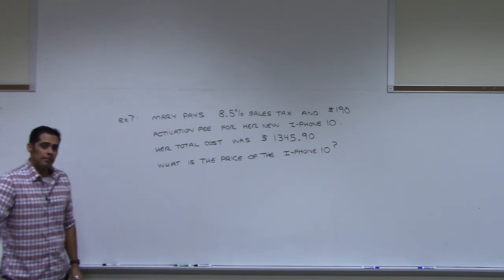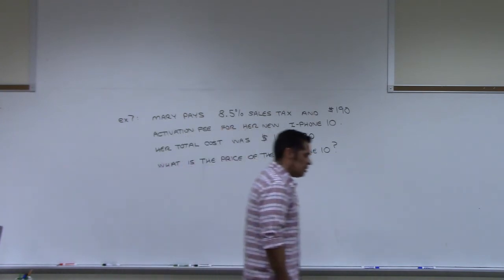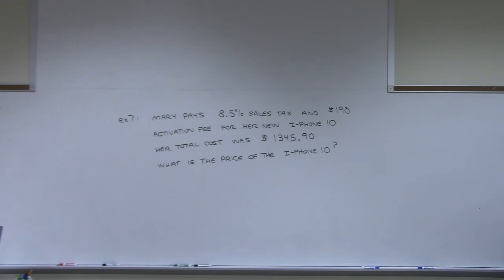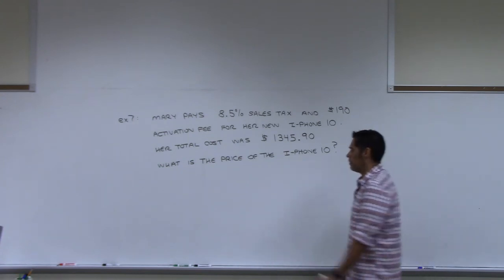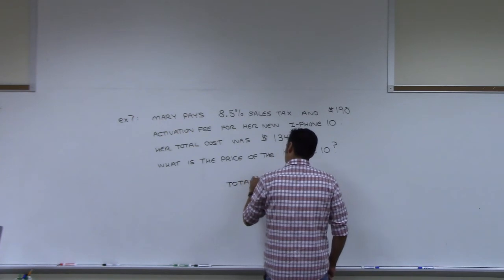Yeah. Okay. All right. So let's try and do this. There's so many ways to get to this answer. But let's try and do it in a systematic approach. All right? Let's try and set up an equation. And I'll help you out by starting out. The total cost, right?